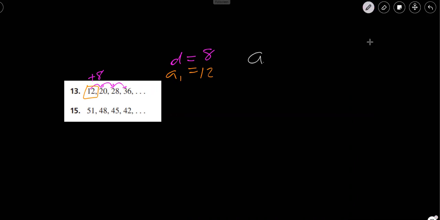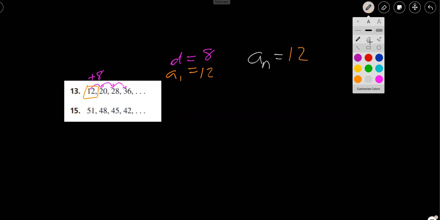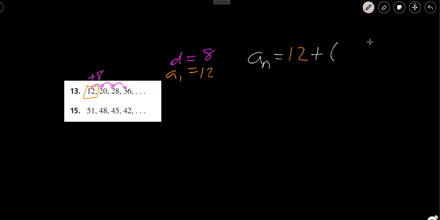My formula for any position, AN, is equal to A1, which is 12, plus the number of positions minus 1, which represents the number of jumps or steps it's going to take to go from position 1 all the way to position N. Then we multiply that by my D value, which is 8. So now I've got my rule.